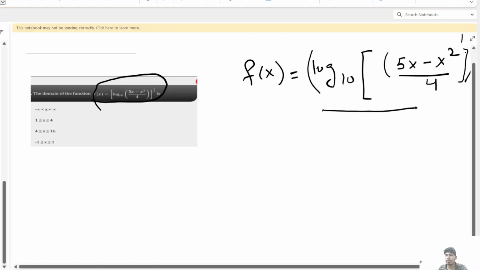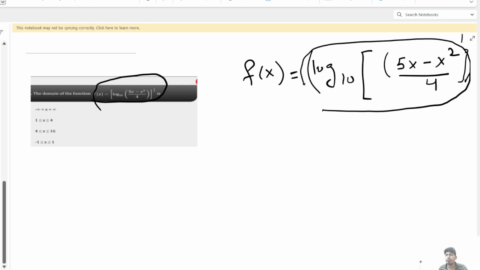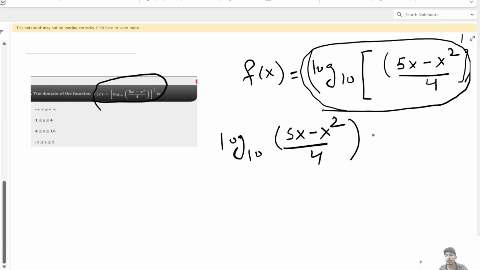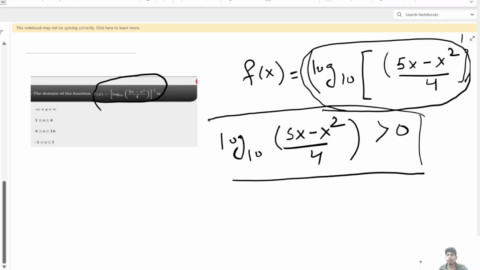The power 1 by 2 means this quantity is strictly positive. Log base 10 of 5x minus x square divided by 4 is greater than 0. When this is greater than 0, then 5x minus x square divided by 4 is greater than 10 to the power 0, that is 1.